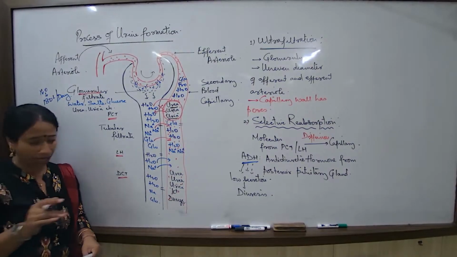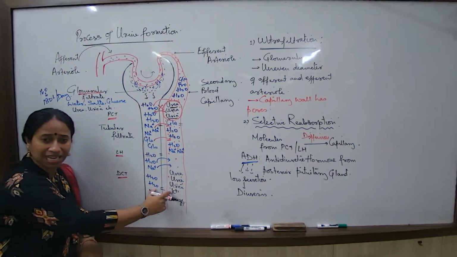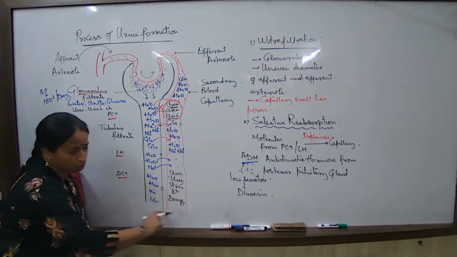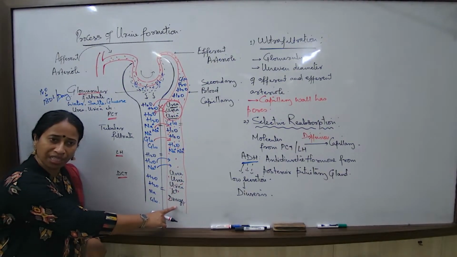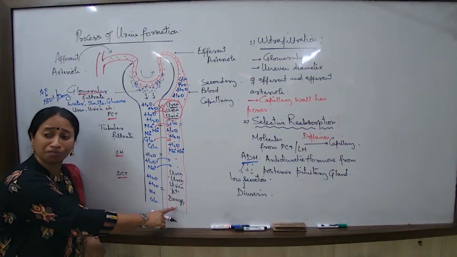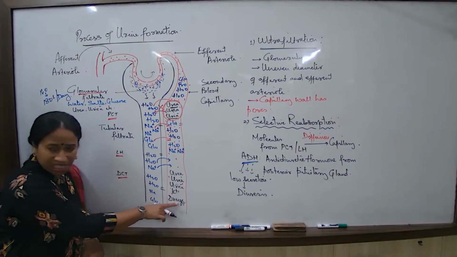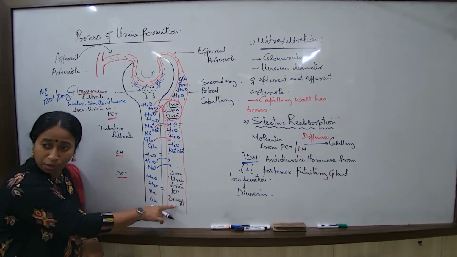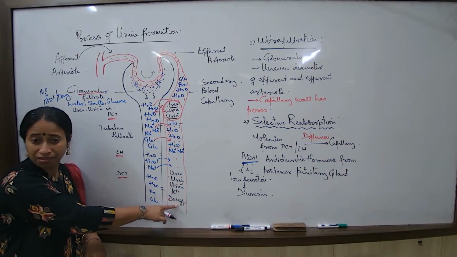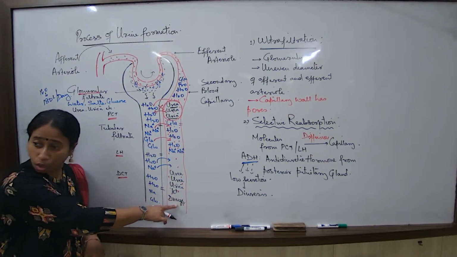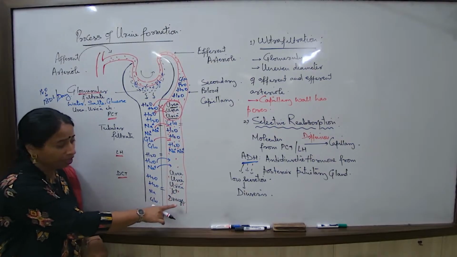So I am talking about the DCT and the surrounding blood capillary, and this is the situation more or less. The blood has a huge amount of urea, uric acid, potassium ions, soluble vitamins, and all the poisonous chemical substances that enter our body along with food, medicine, antibiotics, etc. All this comes under this category.